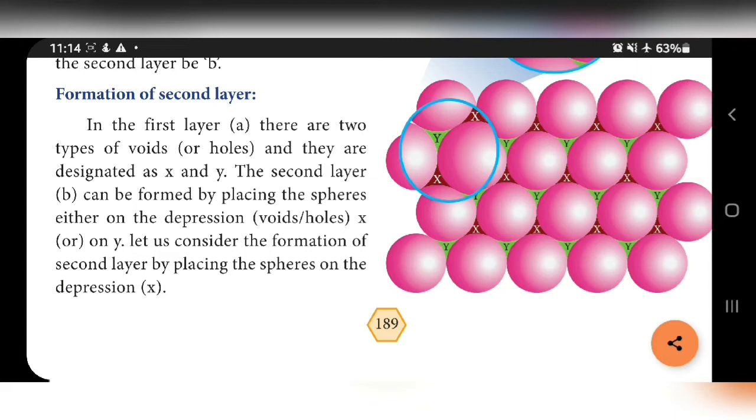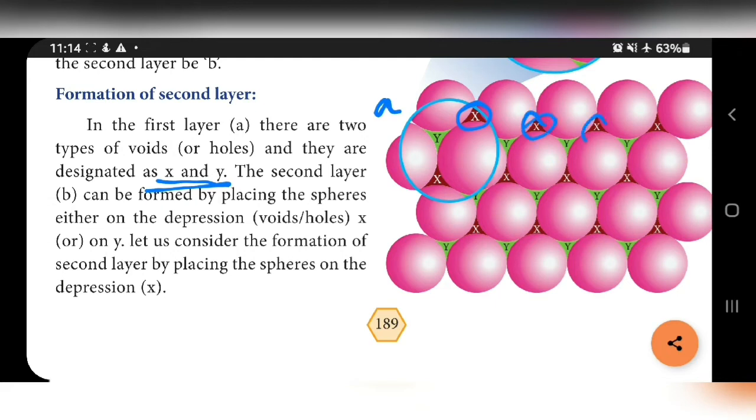Formation of second layer. In the first layer A, there are two types of voids, designated as X and Y. Voids means empty space.